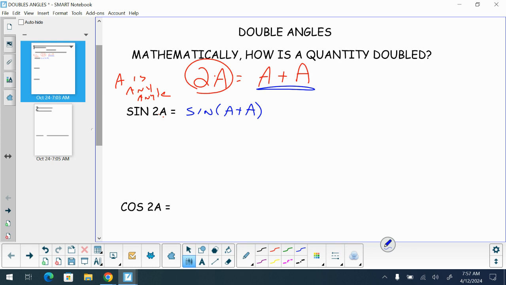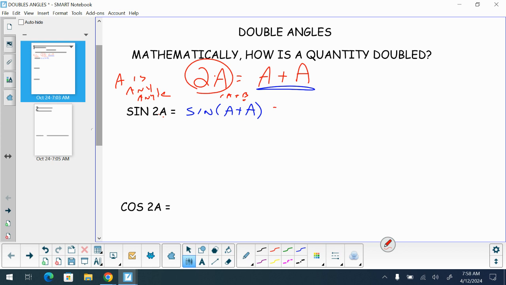So what I want you to do is get your formula sheet out again, because we're dealing with angle addition. You have on your formula sheet the sine of A plus B. Well, what I want you to look at now is expanding out the sine of A plus A, but now you don't have a B there, you replace the B with another A. I don't want to write a B because we have an A there.